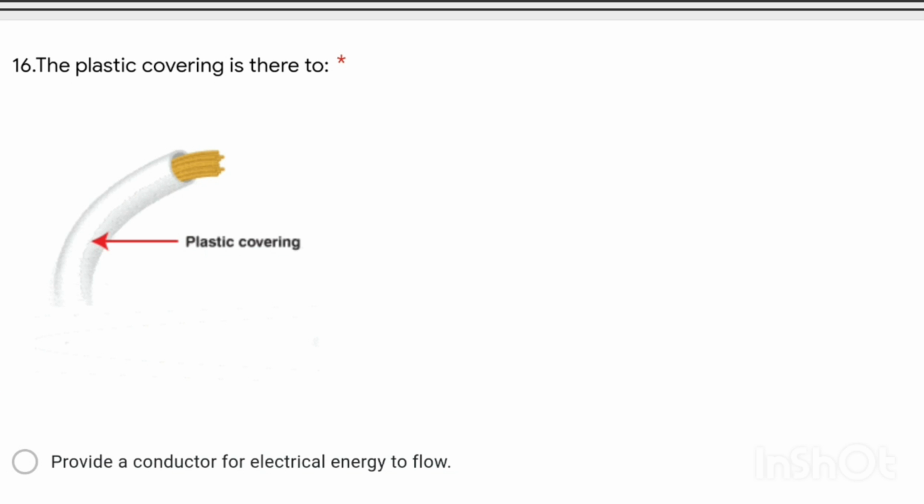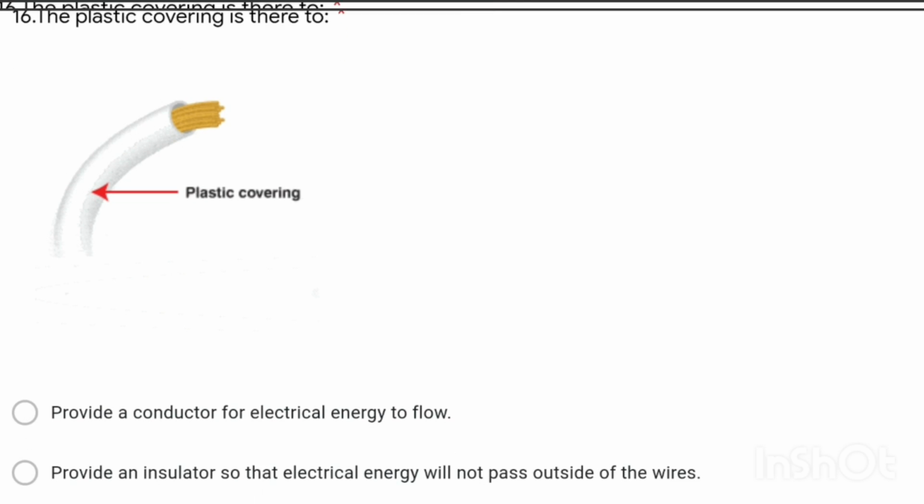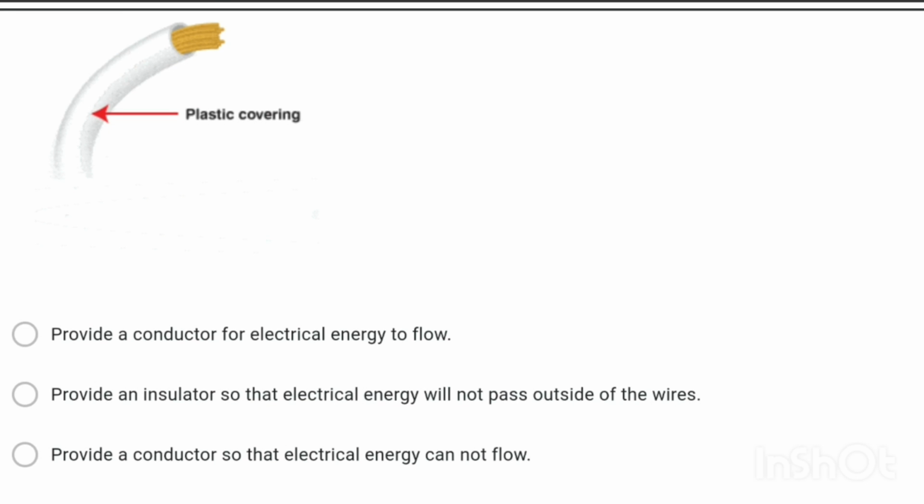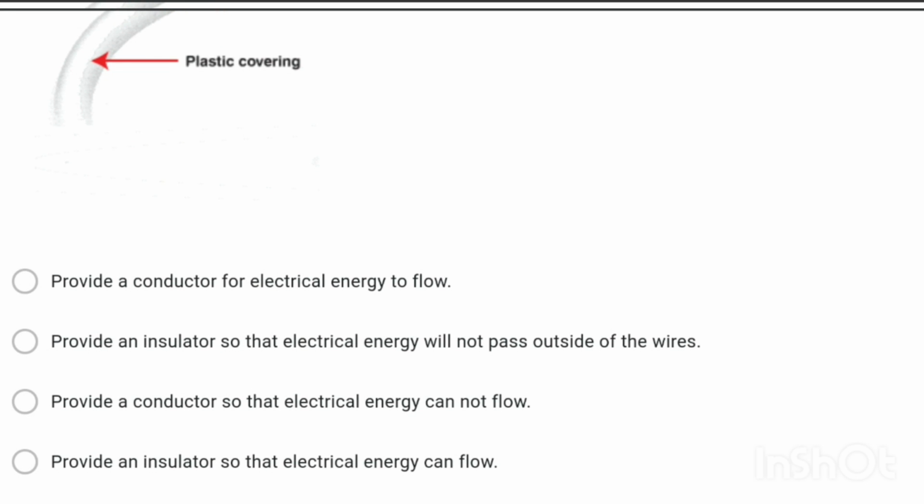This question is based on the function of the insulating material, and the question is about the plastic covering. Options are: provide a conductor for electrical energy to flow; provide an insulator so that electrical energy will not pass outside the wires; provide a conductor so that electrical energy cannot flow; or provide an insulator so that electrical energy can flow.